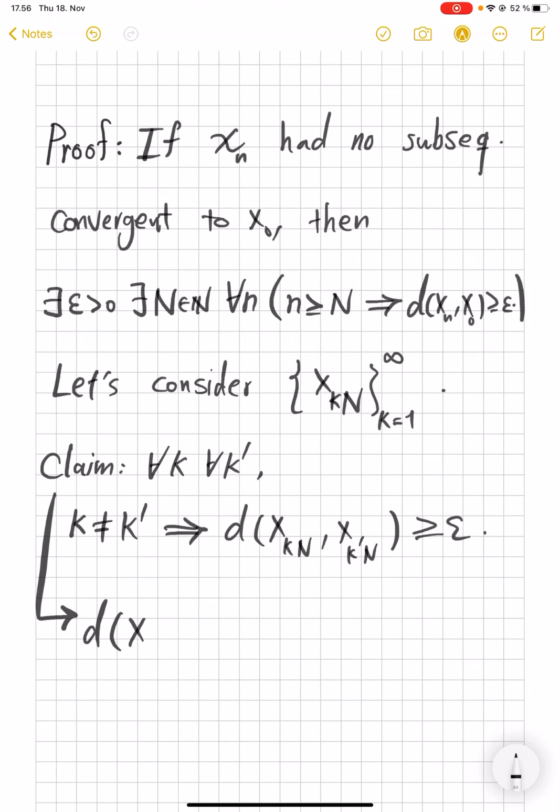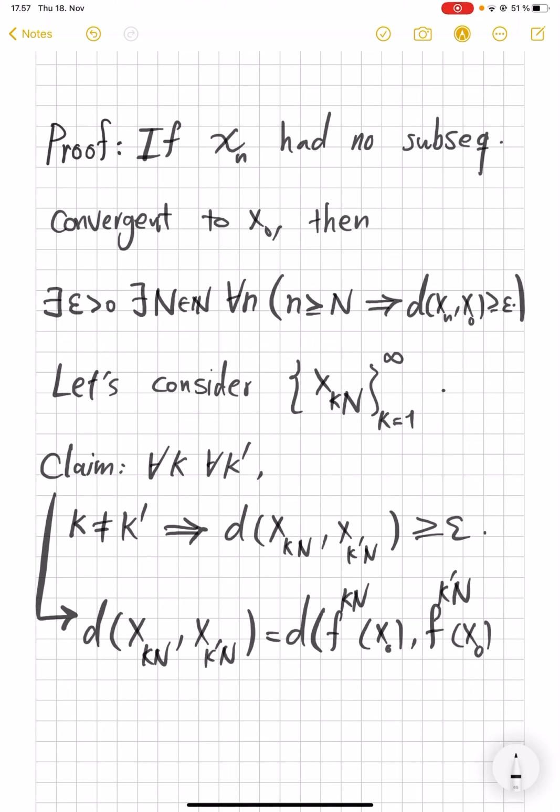Let's just try. So x_{kN} and x_{k'N}. If I didn't make a stupid mistake in the indexing, this is exactly applying f kN many times to x0 and then applying f k'N many times to x0.